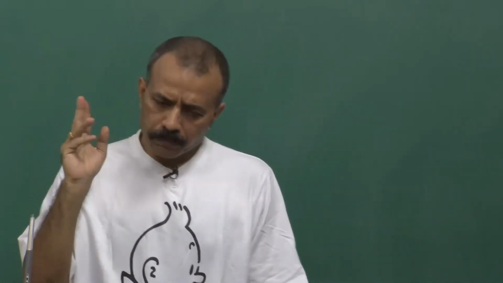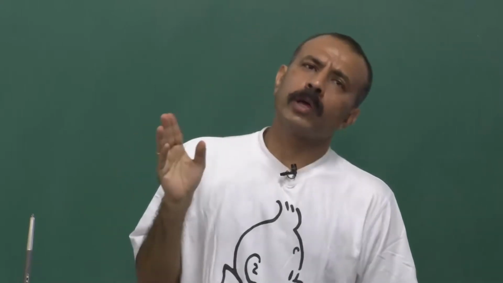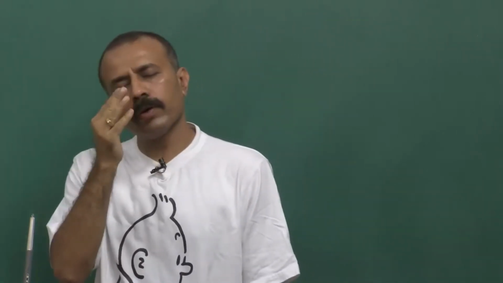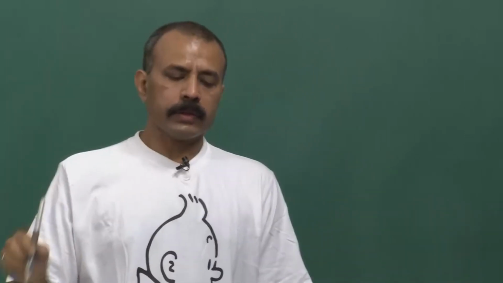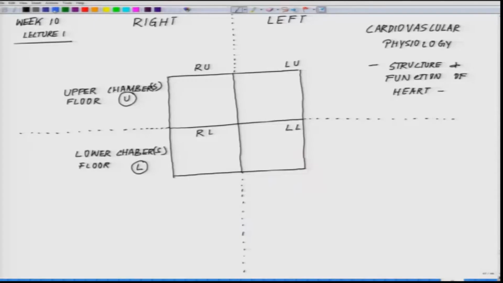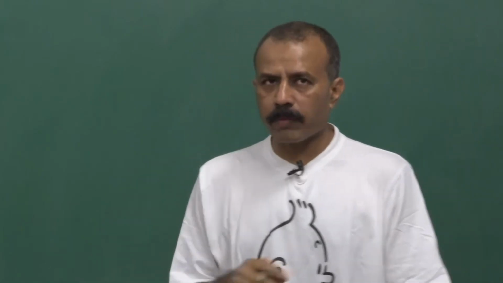Fine. So we have a right upper chamber, left upper chamber, right lower chamber, and left lower chamber. So we have 4 chambers. Now, the way it works is, out here I am using blue for the blood which is being pumped out and which is coming back to the heart.